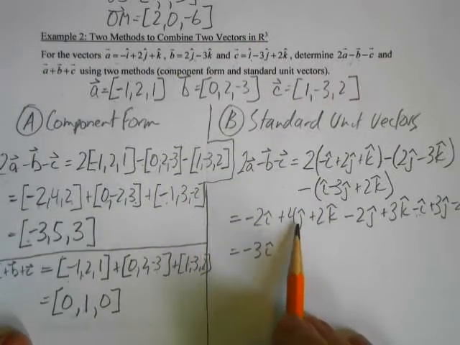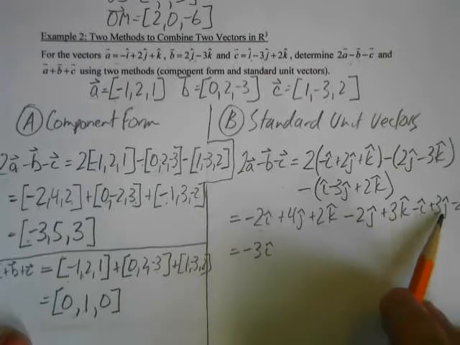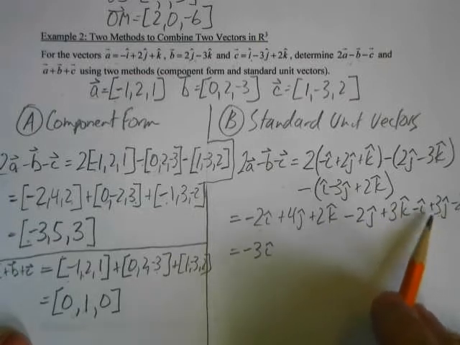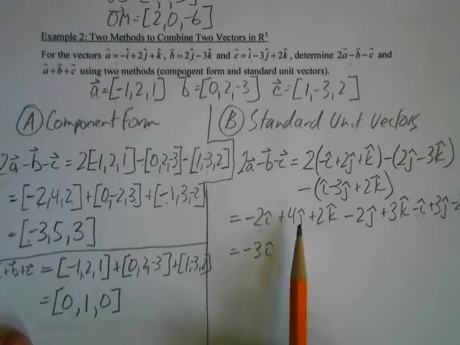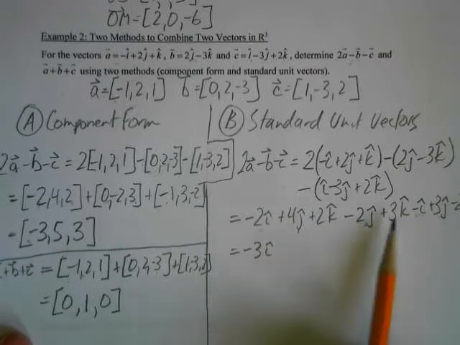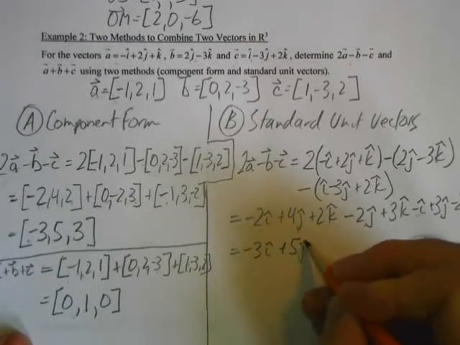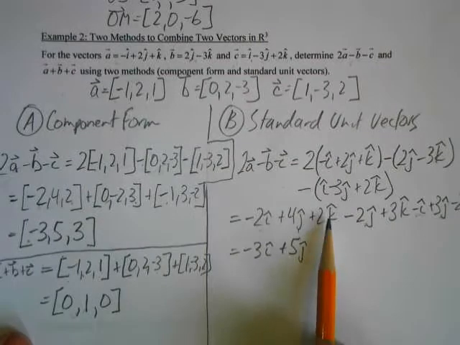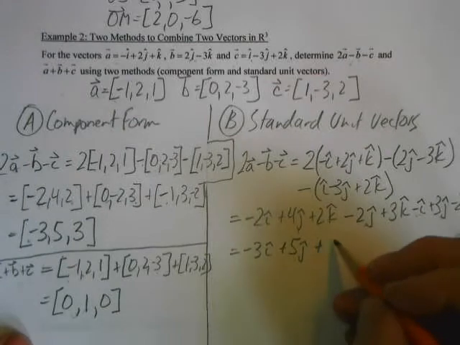And then for j hat, we got 4j hat minus 2j hat, so that'd be 2j hat plus 3j hat, that's a plus 5j hat. And then finally k hat, 2 plus 3 minus 2, that would be plus 3k hat.